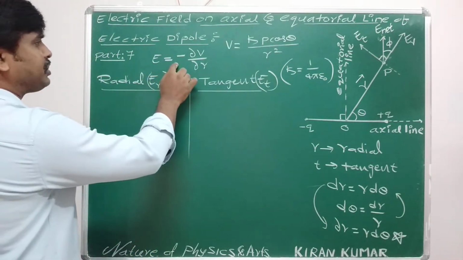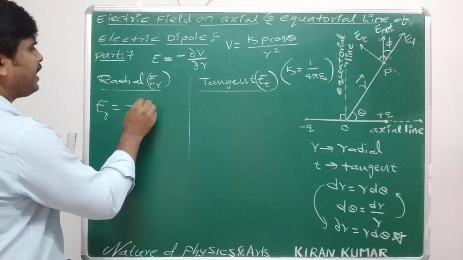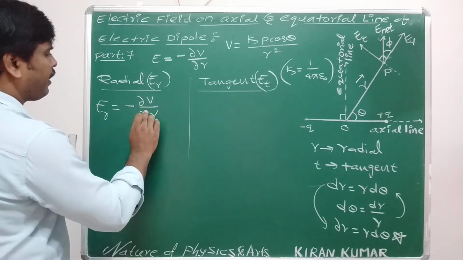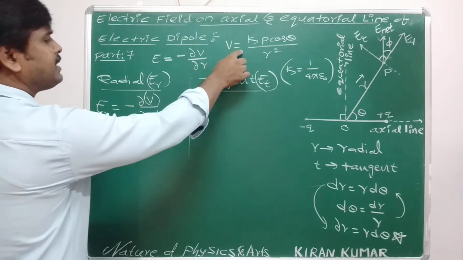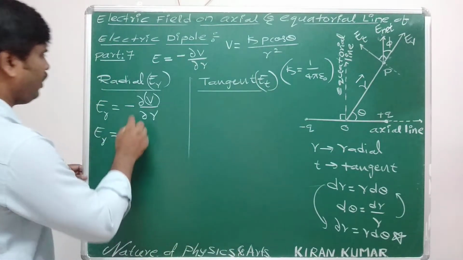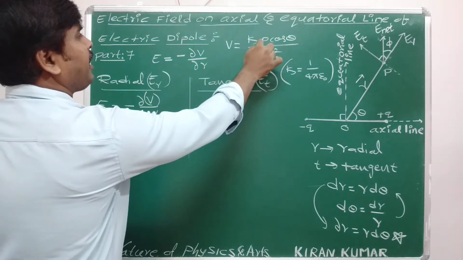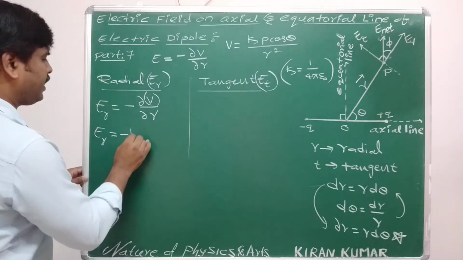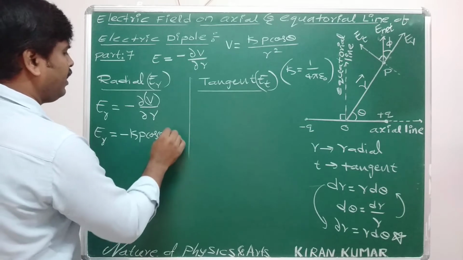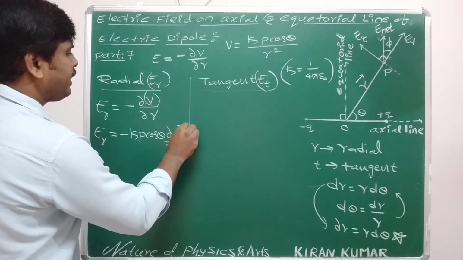Now using the EVD relation, E_r is equal to minus dou V divided by dou r. Here I want to replace the V value, so E_r is equal to minus of, what is constant here, Kp cos theta is constant. Minus is already there, Kp cos theta, d by dr of r to the power of minus 2.